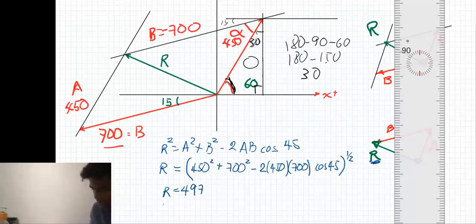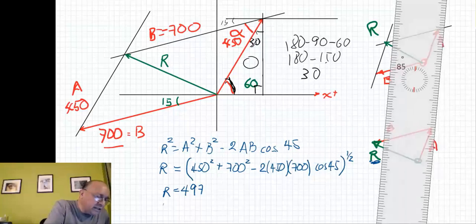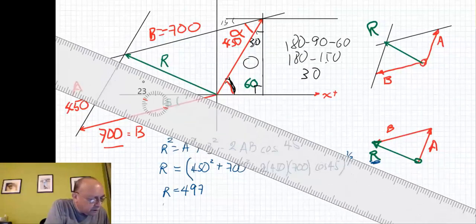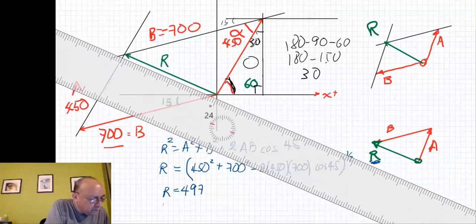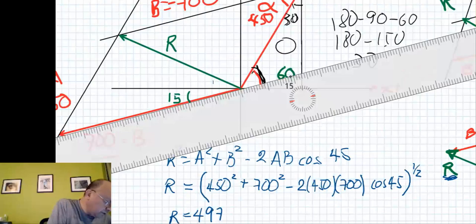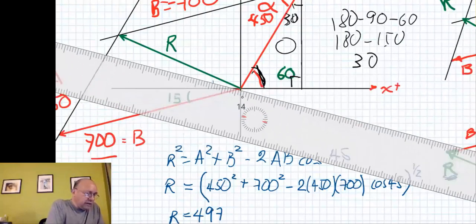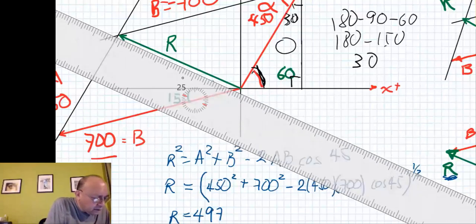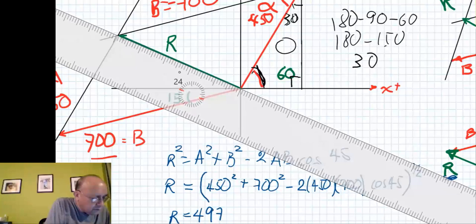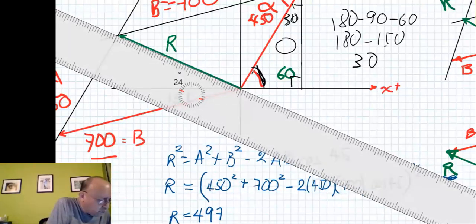497. My drawing is kind of well done. Let's see what we get here using my ruler. 1, 2, 3, 4, 5, 6, 7. So if that's 700, then the resultant according to my scale here is 1, 2, 3, 4, 490 something.